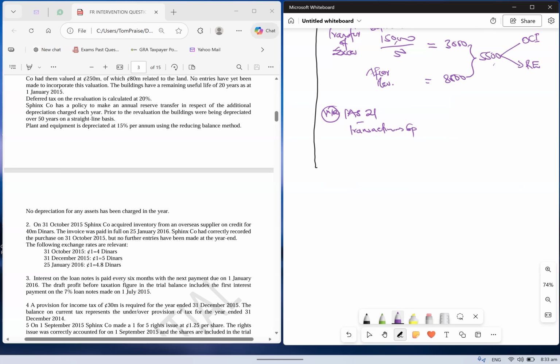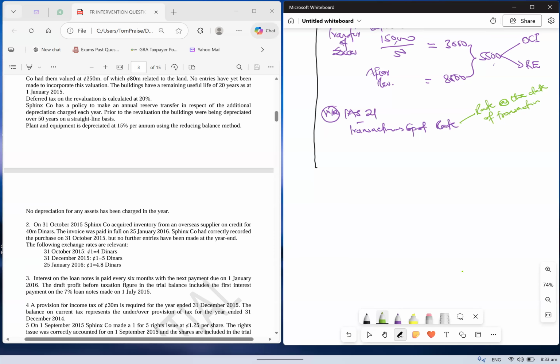All transactions must be done at spot rate. What is spot rate? Spot rate is the rate at the date of the transaction.